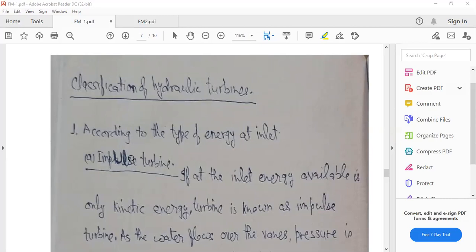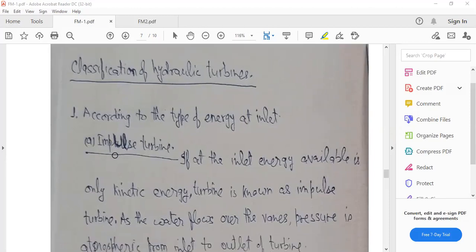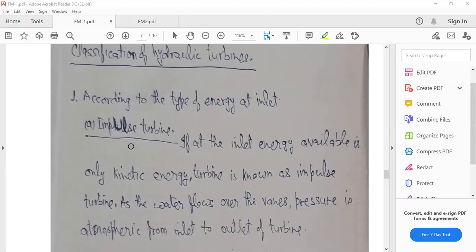In impulse turbine, at the inlet we are having only kinetic energy. If at the inlet of turbine we have only the kinetic energy available, then this type of turbine is known as impulse turbine. And if at the inlet of turbine we are having kinetic energy plus pressure energy, then that type of turbine is known as reaction turbine.